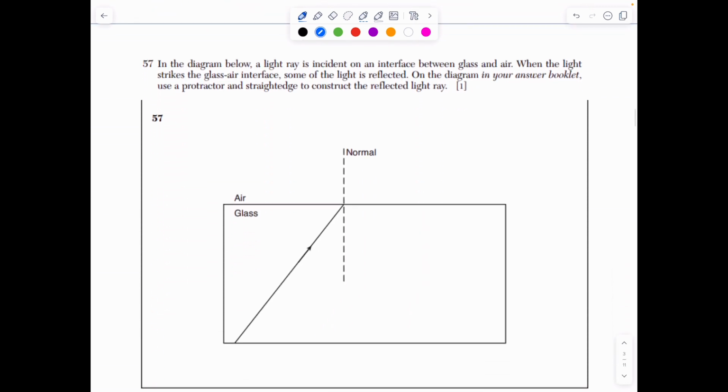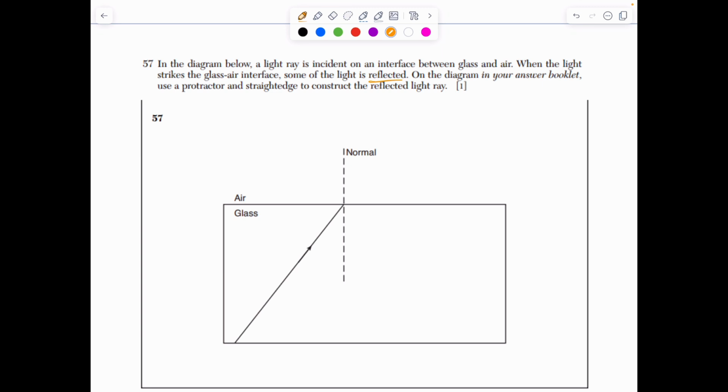57. In the diagram below, a light ray is incident on the interface between the glass and the air. When the light strikes the glass-air interface, some light is reflected. Okay, careful with this, reflected. On the diagram in your answer booklet, use a protractor and a straight edge to construct the reflected light ray.